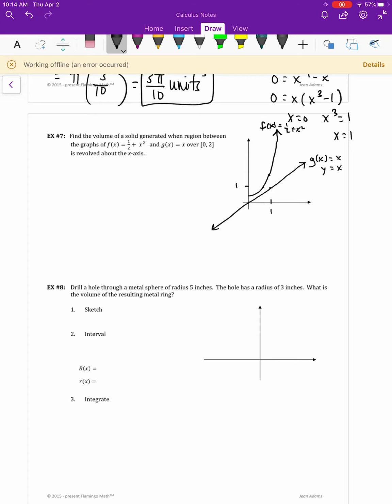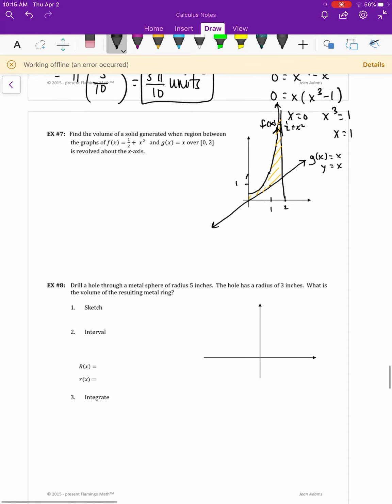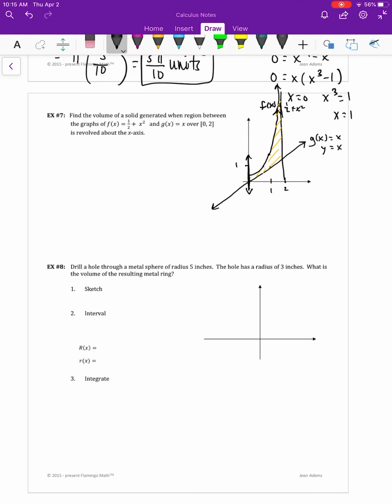And then I know my graph isn't going to look the greatest because when I put 2 in, it's going to be way up here, but we'll just imagine that they are talking about this region here, and they've also got x equals 0. But that is the region that they're talking about. That weird region right there, and they want us to spin it about the x-axis.